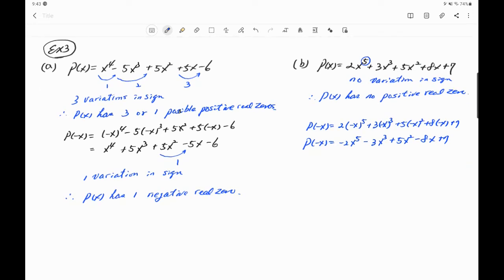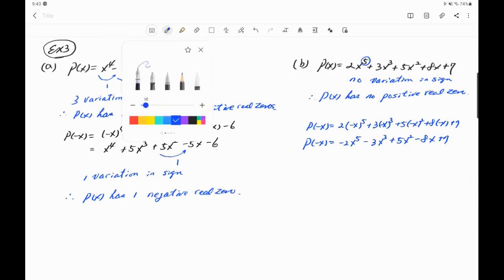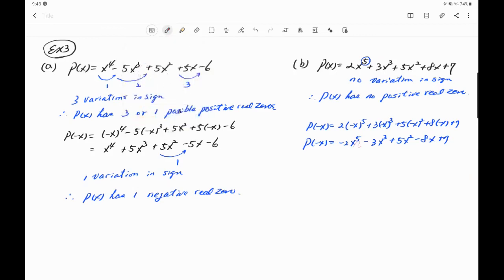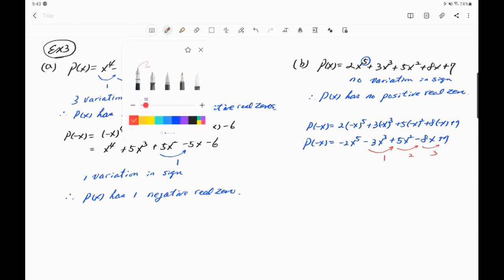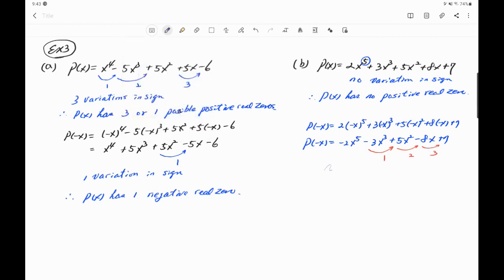So from here, let's count the number of variations in sign. So negative, negative. Negative to positive, here's 1. Positive to negative, another 1. And then negative to positive, another 1. So there are 3 variations in sign, right?